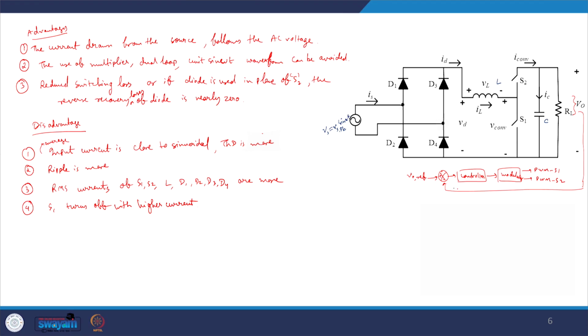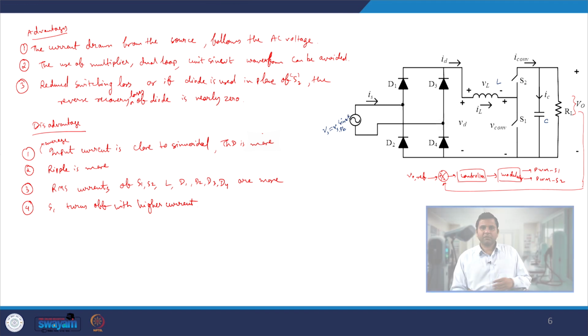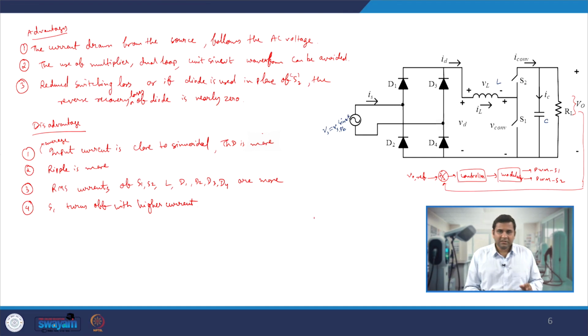Here we just need one loop where we ensure that the output follows the reference, whatever output voltage reference we set, because automatically the current drawn will follow the voltage. So this is the advantage we get by the DCM operation of the boost PFC converter.